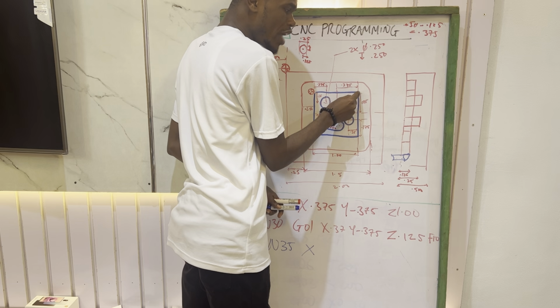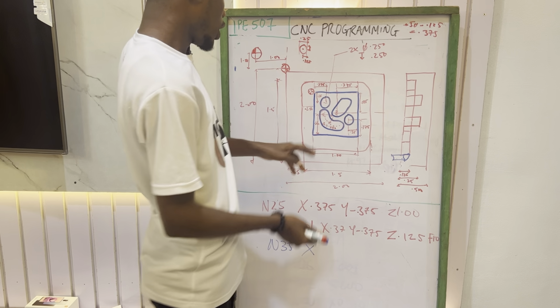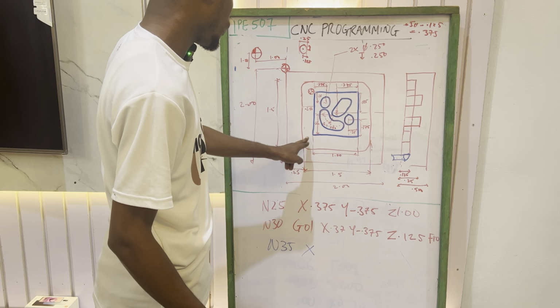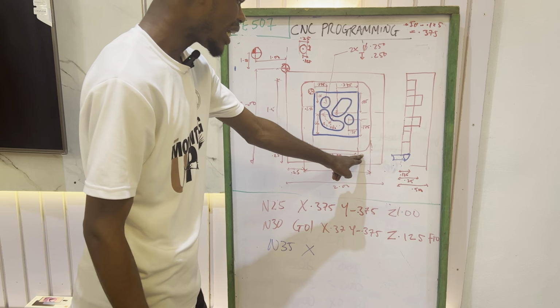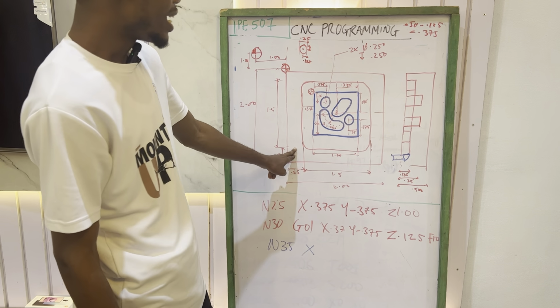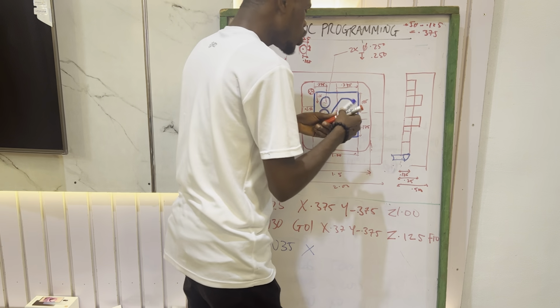When you take it from here to this point, this place is 1, here is 0.25, here is 0.25. This full place, as it is here, is 1.5. Your cutting tool will be here.